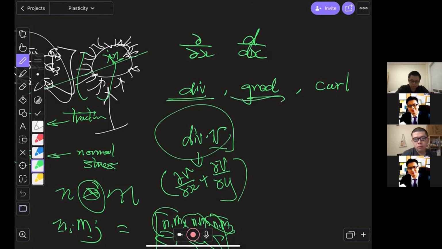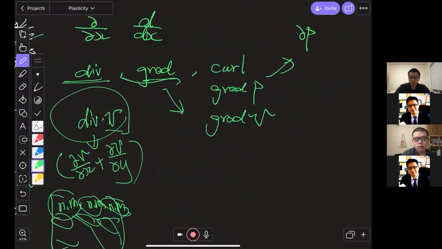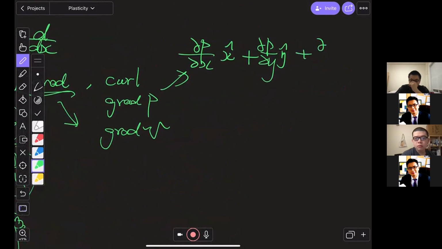Gradient is another type of operator. If I apply the gradient on a scalar, let's say P, I would actually get a vector. So I would have Px corresponding to the x direction plus Py corresponding to the y direction.